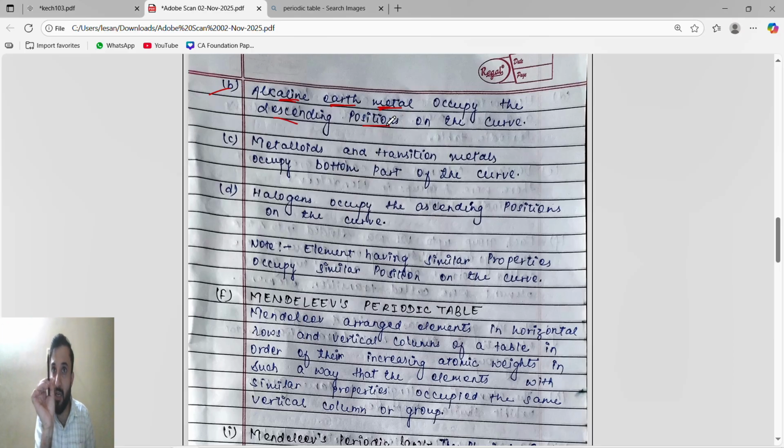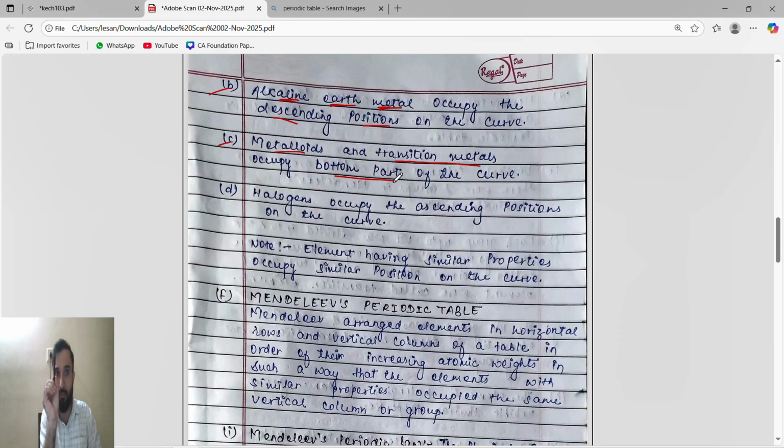So peak position is alkali metal. If you come down, descending position is alkaline earth metal, because earth is what? Earth is down to earth. So alkaline earth metal means descending position. When you are going down, descending position. Then metalloids and transition metals occupy the bottom part of the curve. When you see, peak is alkali metal.